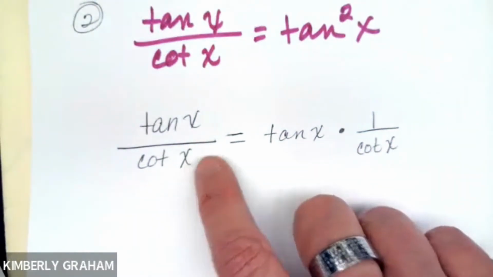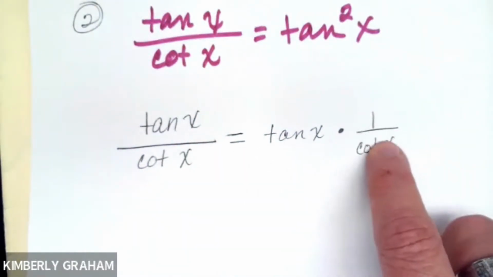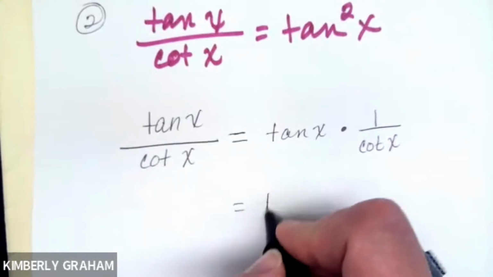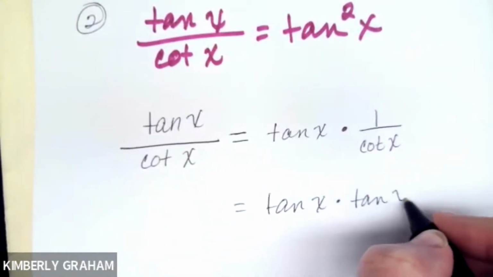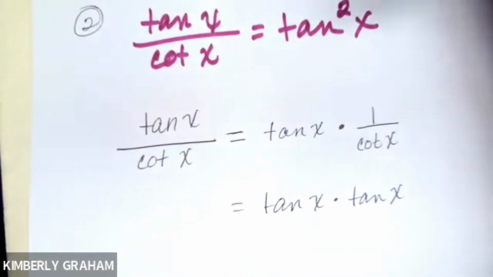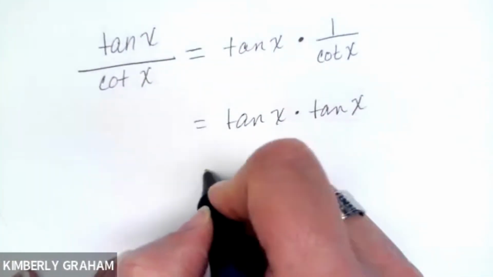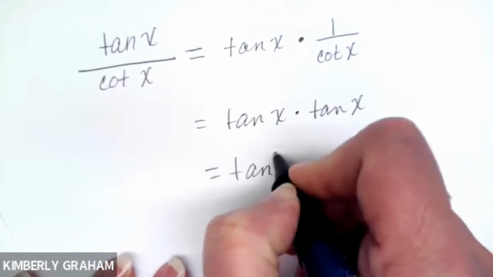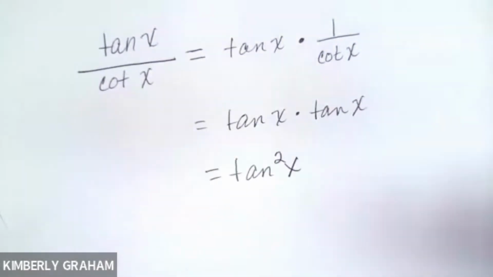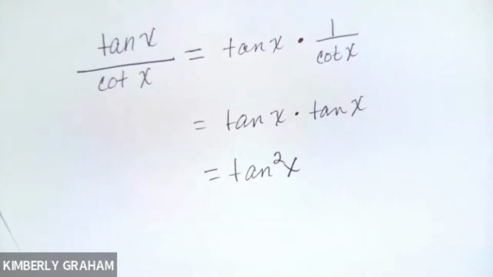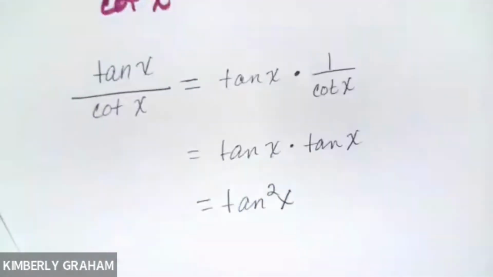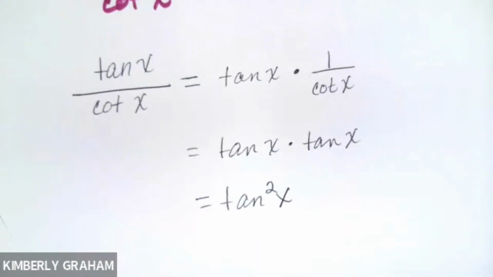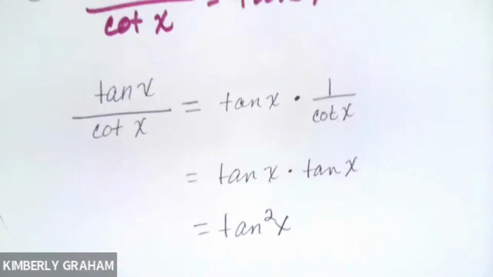So now I can say that that's tangent. So I have tan x times tan x. Well, that's tan squared x. So I have everything written out step by step. It's all neat. It's vertical. You need to be sure that you know how to organize your work correctly and show every step along the way with this.